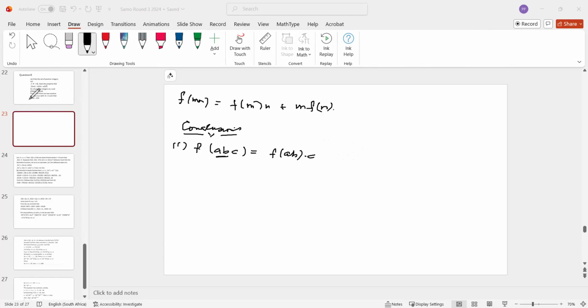Well, let's look at it this way. This ABC can be regarded as A times BC. So let me do it like that. So this is f(A) times BC plus A times f(BC). I'm regarding this as a product of that and that.